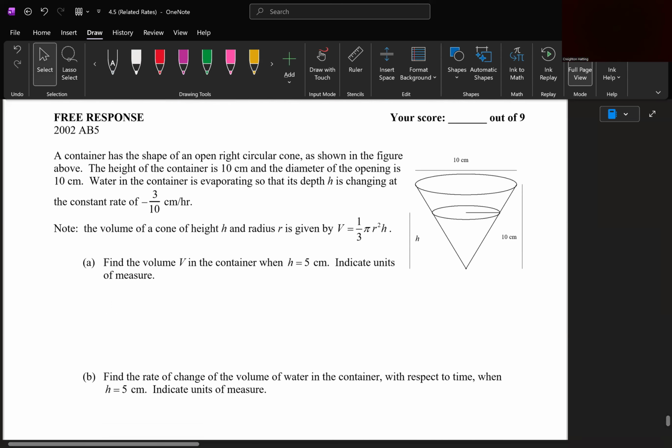Okay, hopefully you had some time to read that. I'm going to go through this problem because I think it's a really helpful example of not only what a free response question will look like and feel like, it will also give me an opportunity to explain the parts and pieces of how a free response question will be scored on the AP exam.